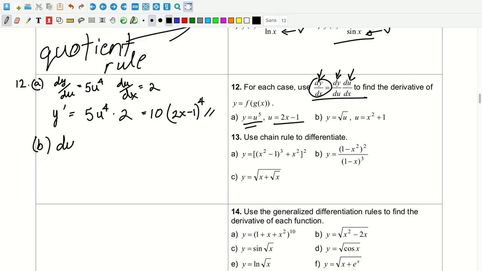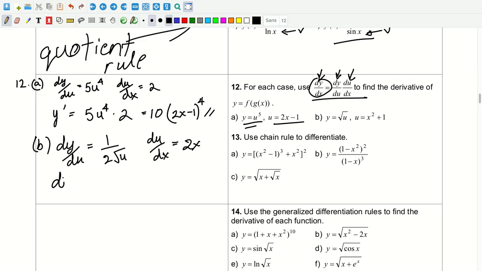Let's see, dy du. I'll tell you, the derivative of root x is a really important derivative to just remember by heart, instead of having to change it to power rule, doing the differentiation, then putting it on the bottom, changing it back in terms of root x. So dy du in this case is 1 over 2 root u. Very simple. du dx is equal to 2x.